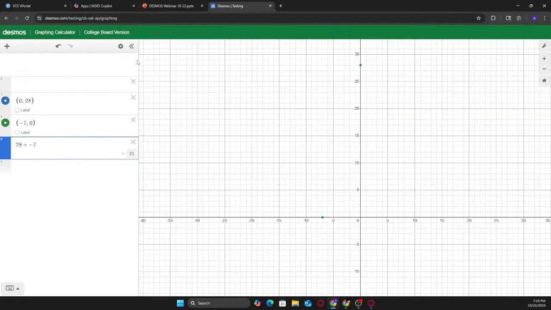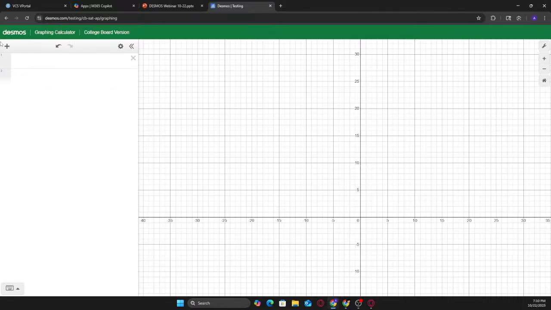Tables. This is a good way to do it. You can click on the table and type values out for this, and then you can have Desmos graph it for you. So 137, 192, and 247.